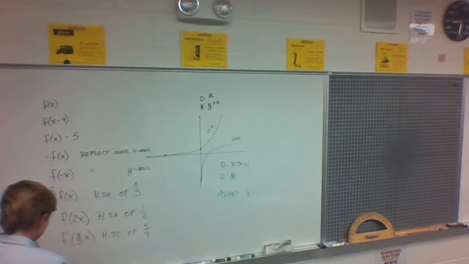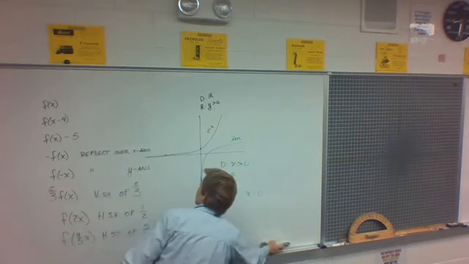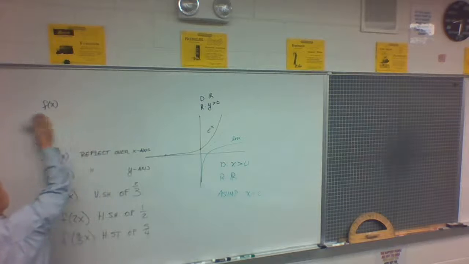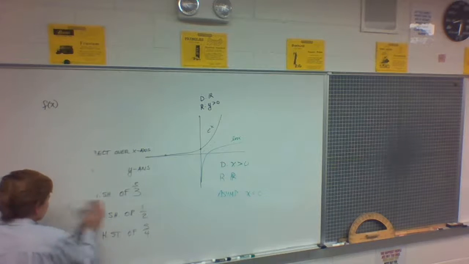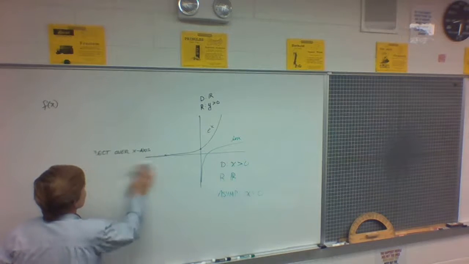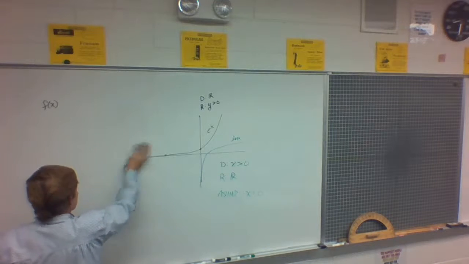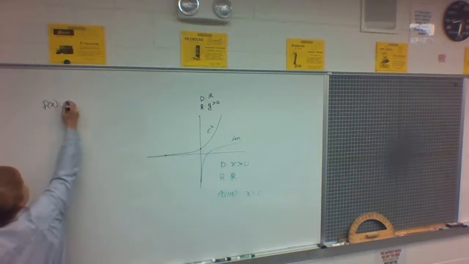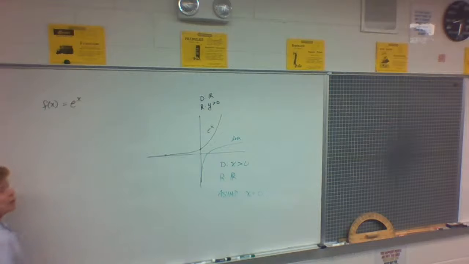All right, so let me show you what it's going to look like if I actually identify this function up here as, let's say, e to the x. That's your typical exponential function. It could be 2 to the x or 10 to the x, as I demonstrated for you before.